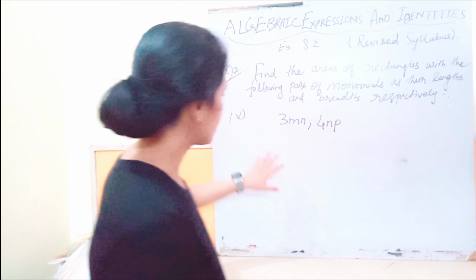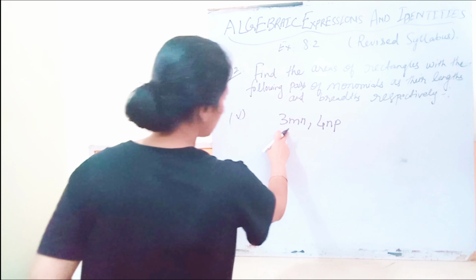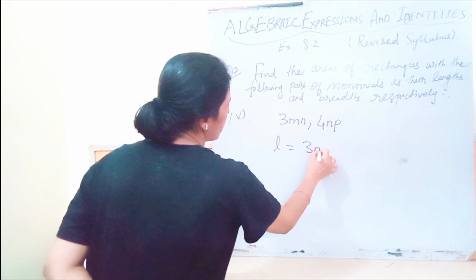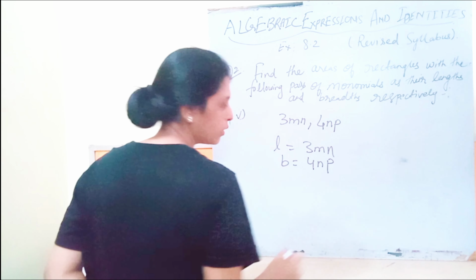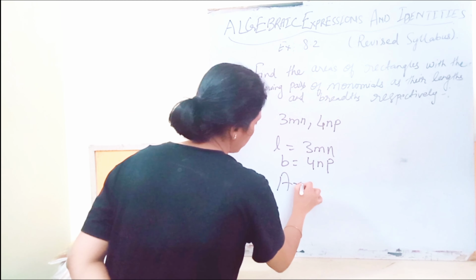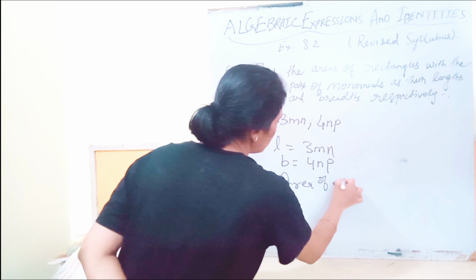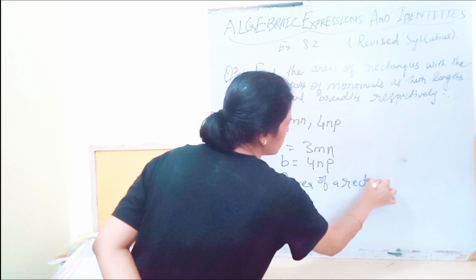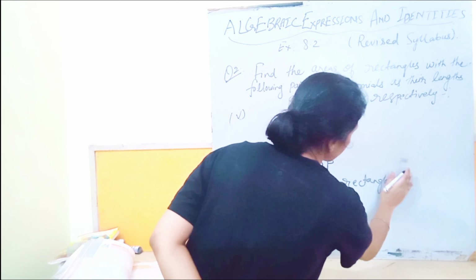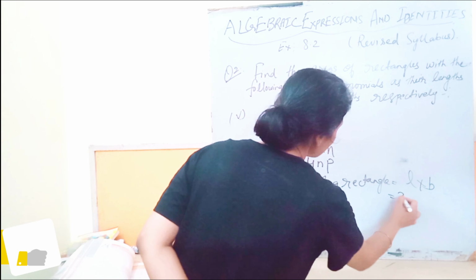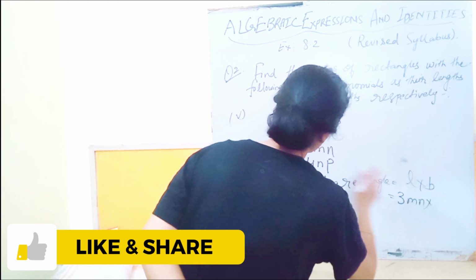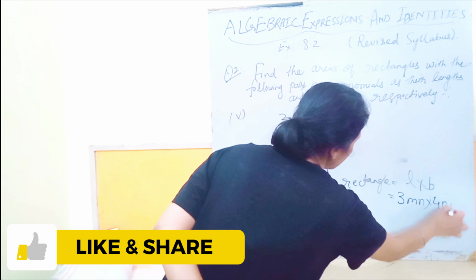So children, the last part of the question is length as 3mn and breadth is 4np. Now area of rectangle is equal to, so first you mention the formula L into B. So here L is 3mn into breadth is 4np.